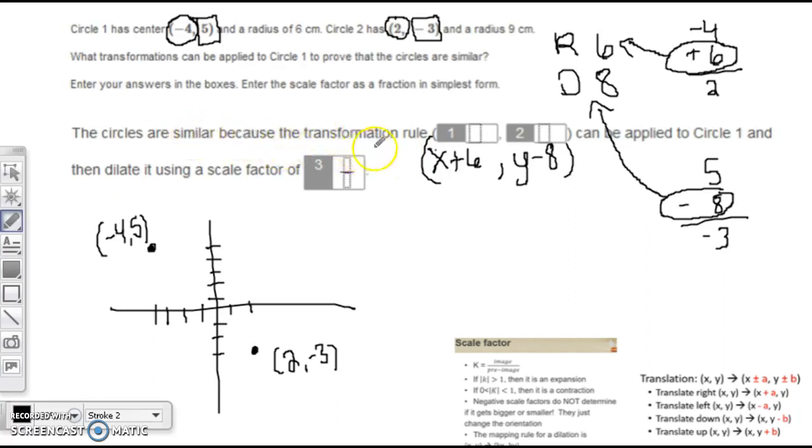So that's the first thing. We use that rule. And then we need to dilate it, so we've got to figure out the scale factor. And remember, for scale factor, it's image over pre-image. Whatever we start with is our pre-image. So our pre-image radius is 6.